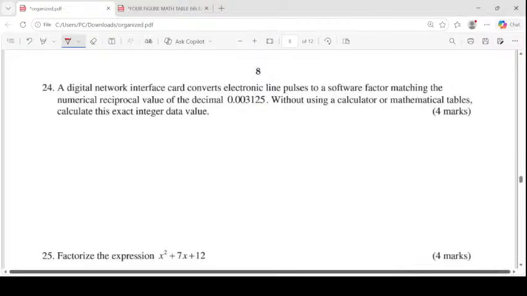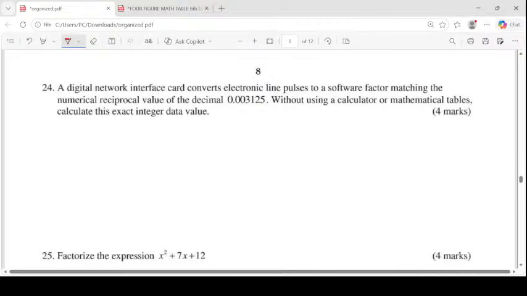Let's reread this particular question to seal this understanding. We are told a digital network interface card converts electrical pulses to a software matching the numerical reciprocal value of this number.